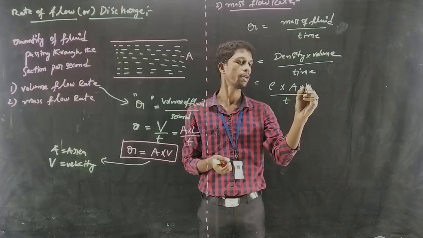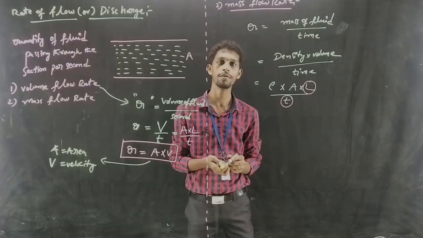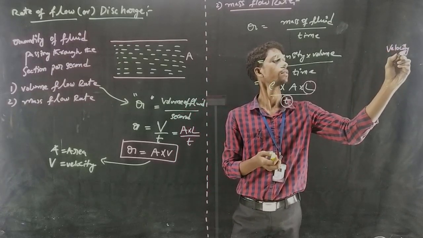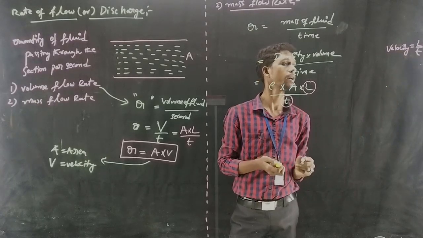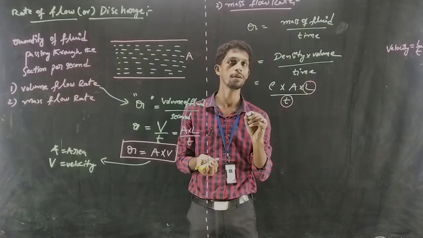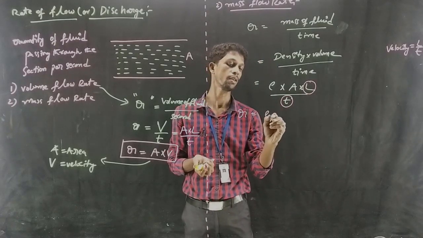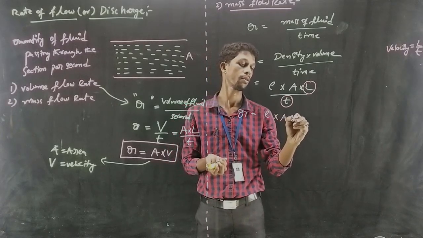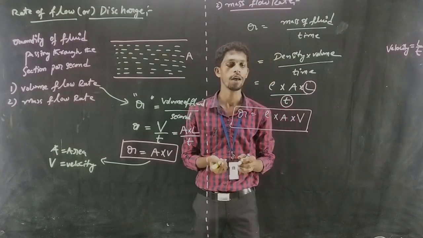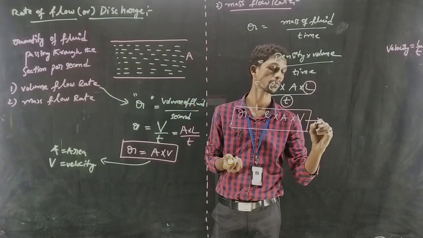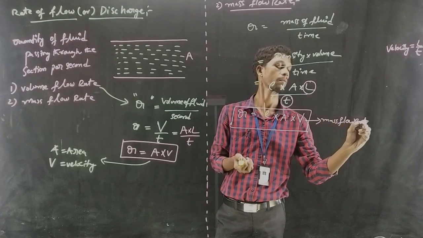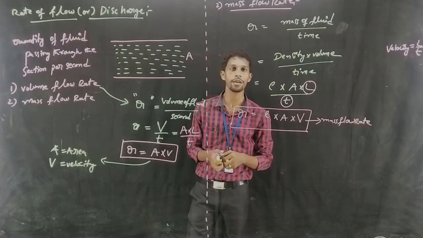Here length by time is velocity again, that means distance by time or displacement by time. So you can write this equation as rho into A into V. This is the mass flow rate formula. So this is about the rate of flow or discharge.